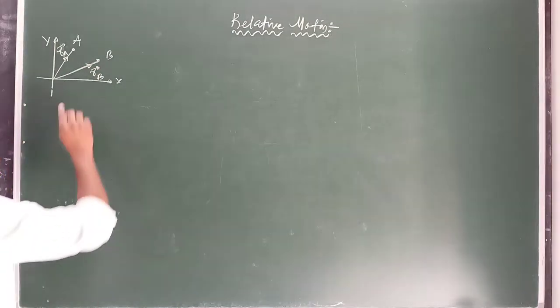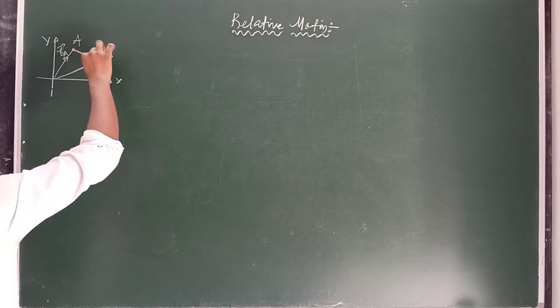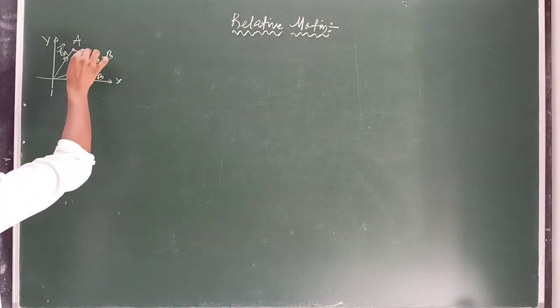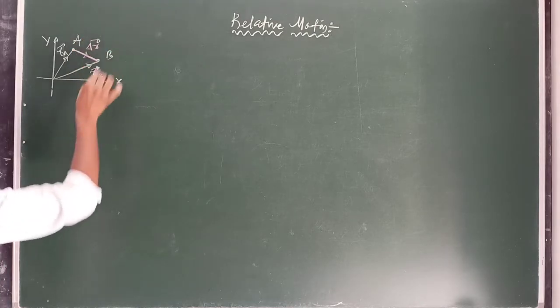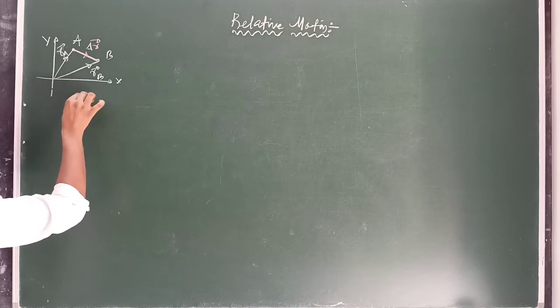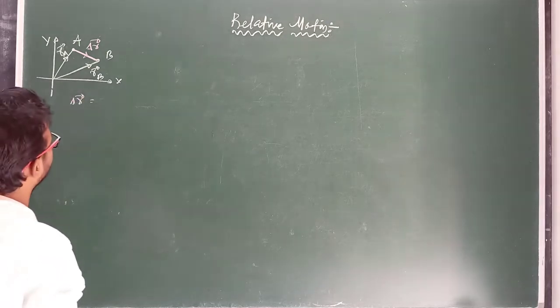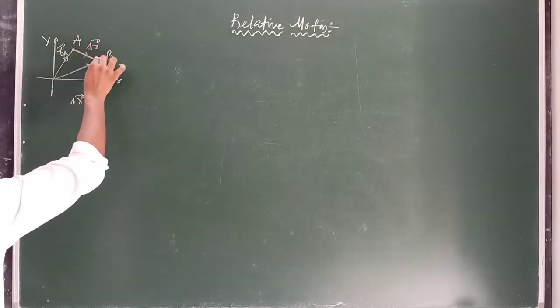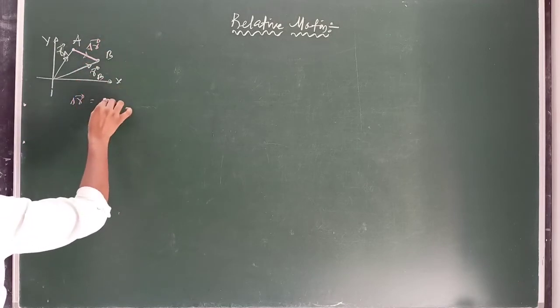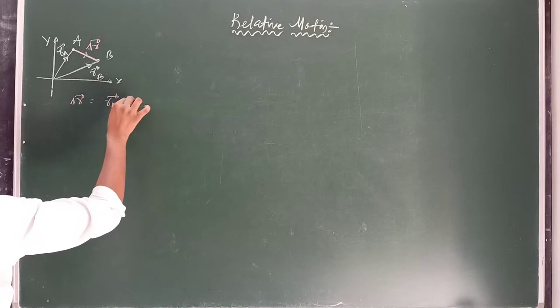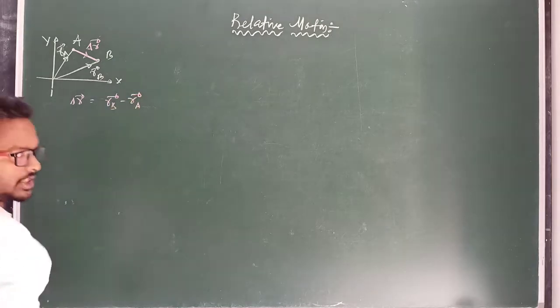If I want to find the displacement vector, suppose the displacement vector is in this direction and can be written as delta r vector. Using the triangle law of vector addition, delta r equals r_B vector minus r_A vector.